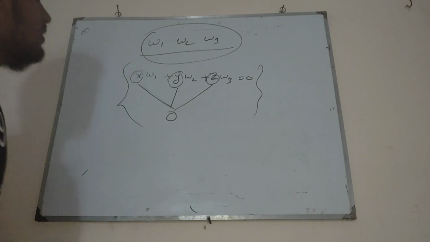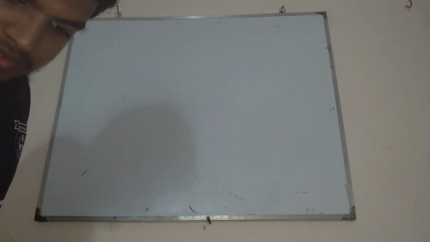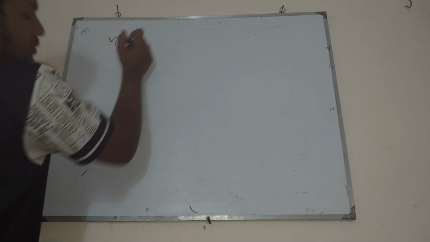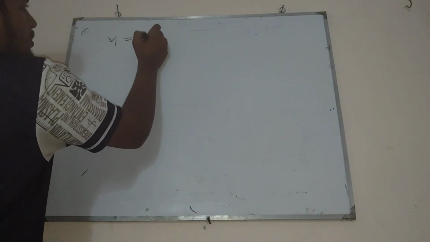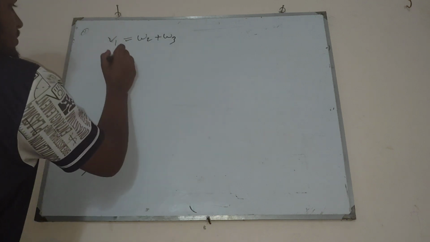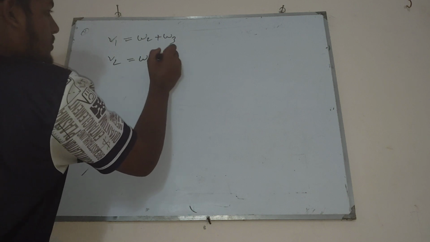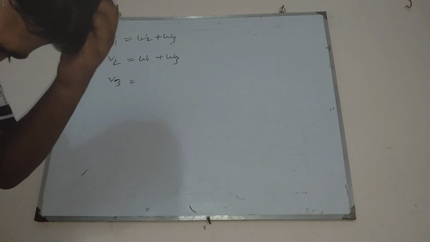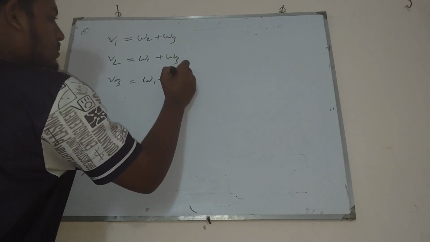Okay, then what we have got is that the three vectors are v1 equals w2 plus w3, v2 equals w1 plus w3, and v3 equals w1 plus w2.